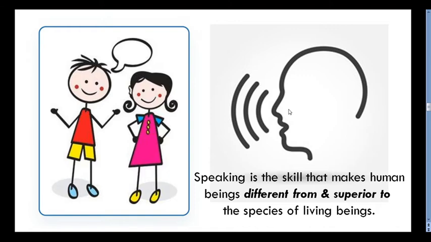That is the difference between the human being and other living beings, because human beings intelligibly started speaking, and because of this skill only he is different from other living beings on this earth.